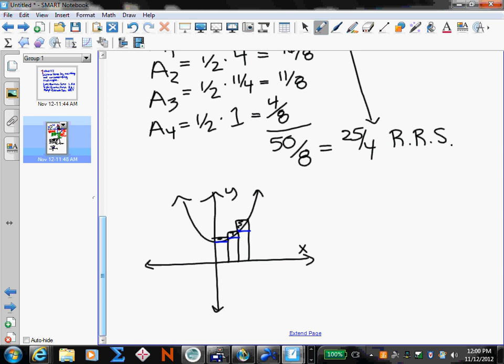So it depends on your curve whether the left Riemann sum will be larger than the right Riemann sum. So make sure you pay attention to that.